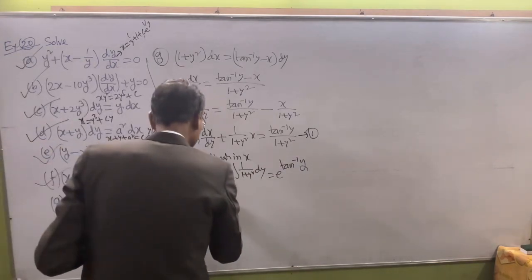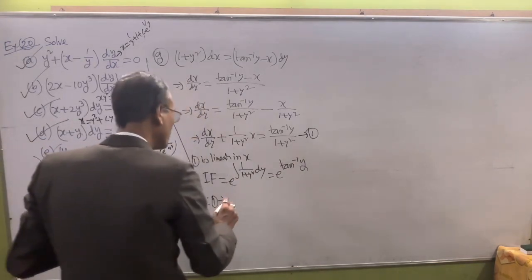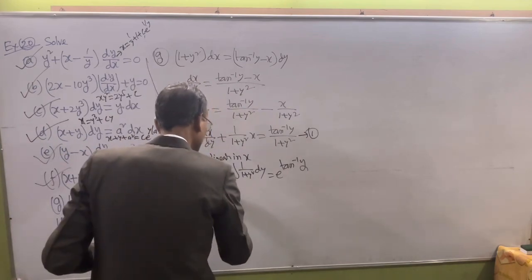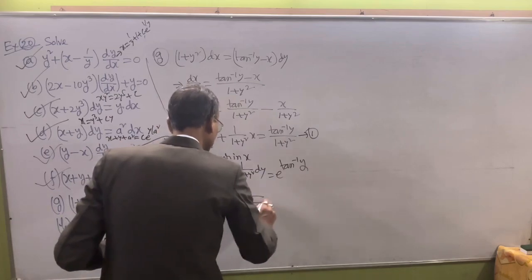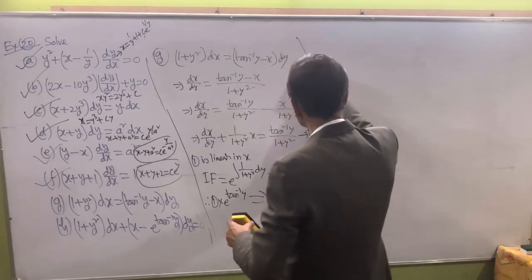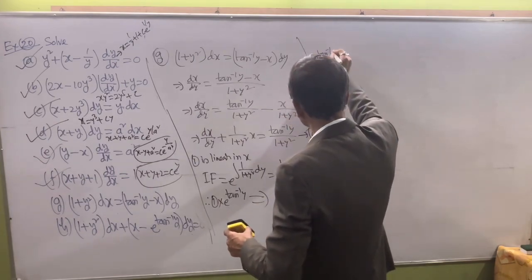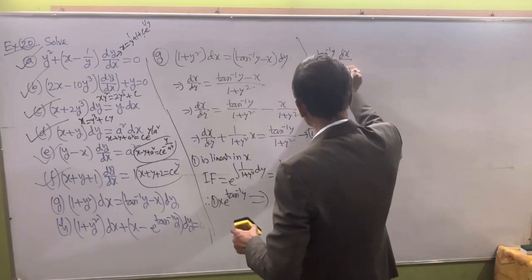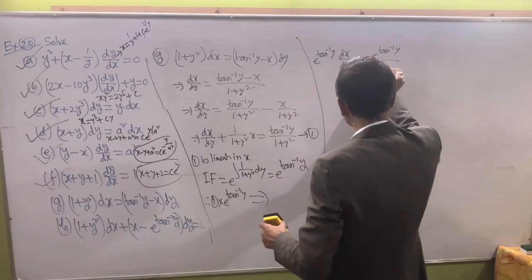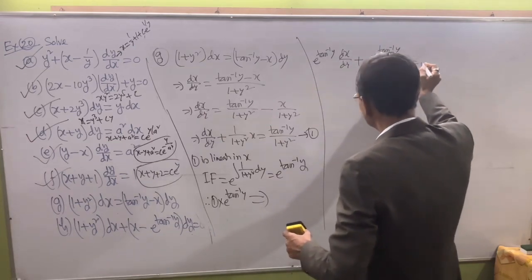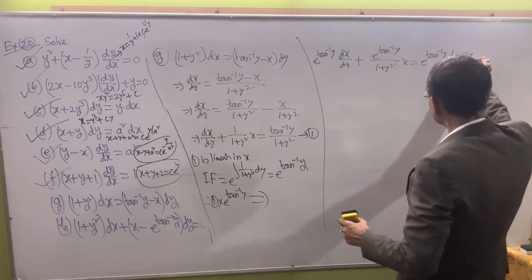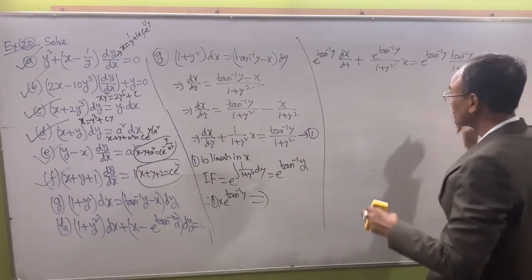Therefore, from 1 into the integrating factor, multiply it. E to the power tan inverse y into dx by dy plus e to the power tan inverse y divided by 1 plus y square x equal to e to the power tan inverse y into tan inverse y by 1 plus y square.